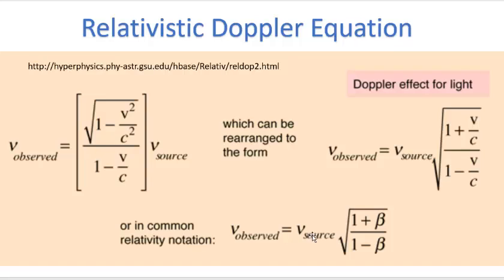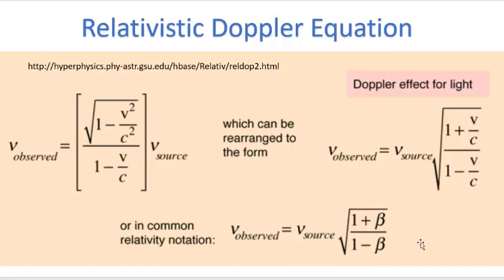Now, something else that they do in the language that I don't really like is they sometimes write v over c as beta. And yes, it looks nicer in a paper. But I would prefer to see v over c, because this is not obscuring anything. You plug in the velocity, you plug in the speed of light, and you get the answer to the equation.